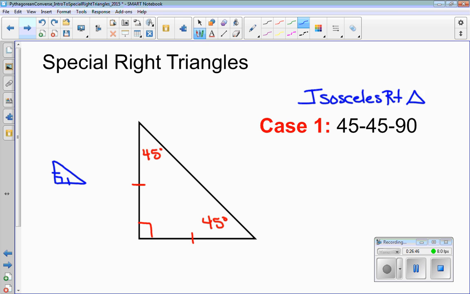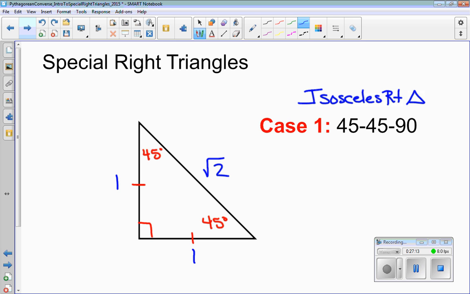So we know they're similar triangles, but what is that ratio? The ratio is 1 to 1 to the square root of 2. That's the ratio, which means it's reduced as much as possible. We could multiply all of those by a factor of 2, 3, 4, 5, whatever, and get a different ratio for the actual triangle. But this is our reduced form.